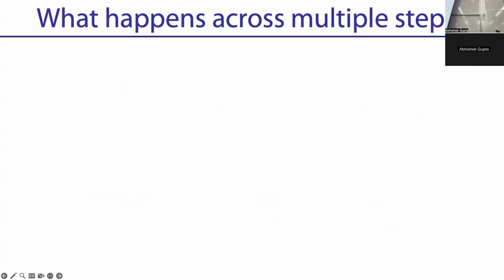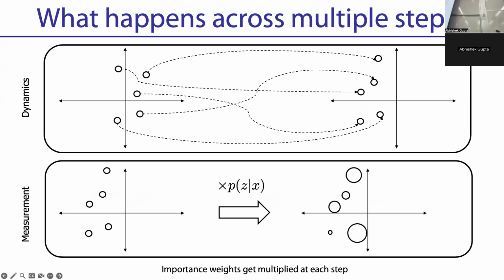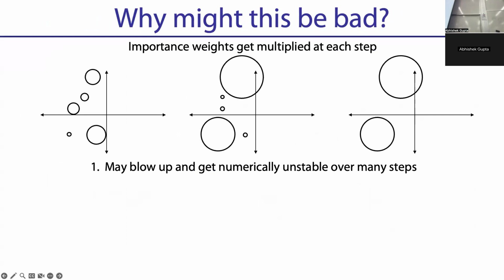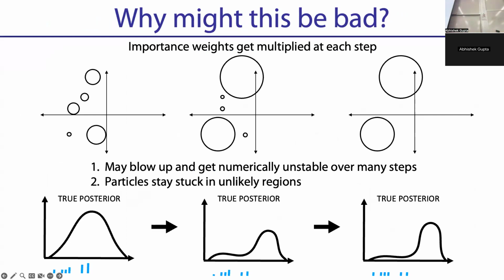And so the challenge becomes that if I keep multiplying these weights at every time step, it becomes numerically unstable. And many of the particles go to 0 weight and you're wasting a lot of particles where there's no likelihood. So the challenge here is that one, you blow up and get numerically unstable, and two, you are wasting a lot of particles.